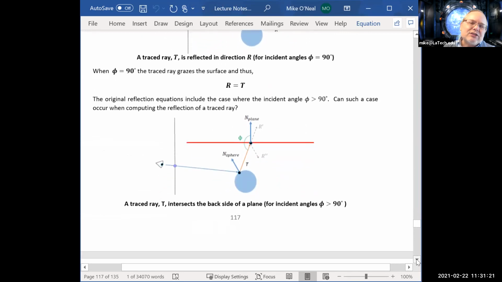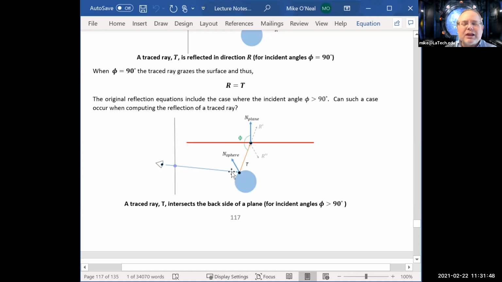And then the last case that you could have is, do I ever need to worry about a reflection off of a surface where the incident angle phi is greater than 90 degrees? The only case that I could come up with when I thought about this long and hard was a case like this, where you have a reflection. I'm showing it as a reflection off a sphere.